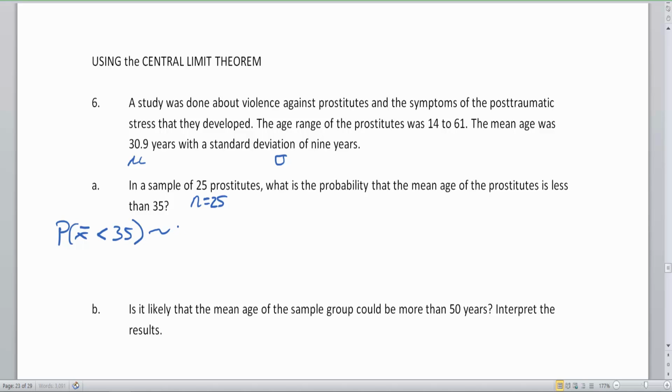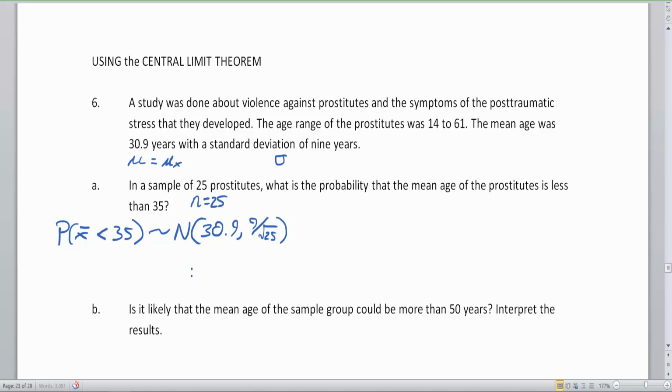Okay, and this belongs to the normal distribution, and we are going to be using the average of 30.9 because my mu is equal to my mu of our group X, and then our standard deviation is going to have to be modified because our standard deviation is going to be 9 divided by the square root of the sample size, 25. And that's the standard error of the mean right here. And we do that when we have a larger sample size than 1.